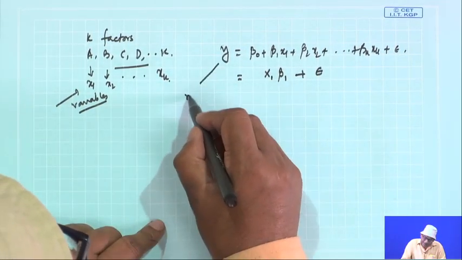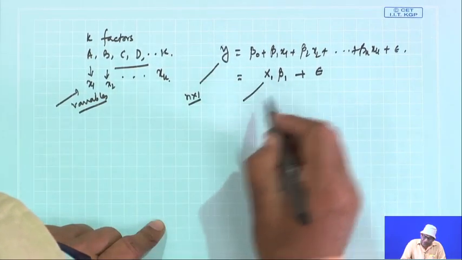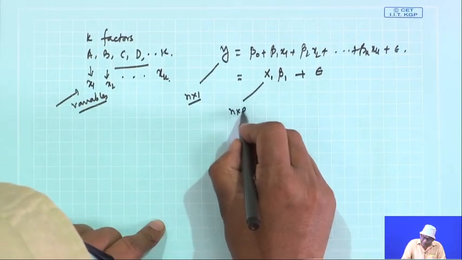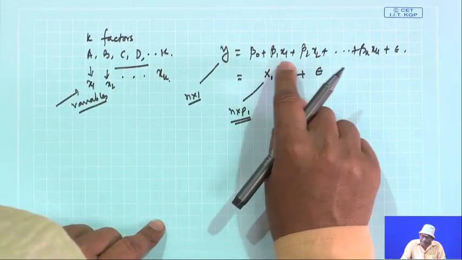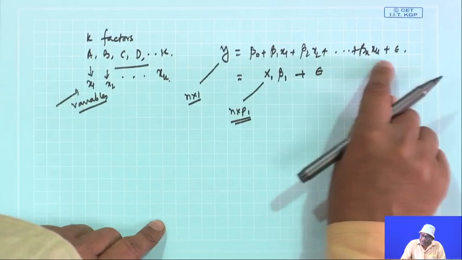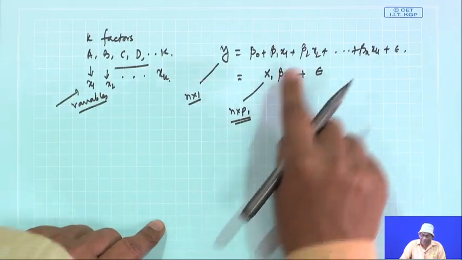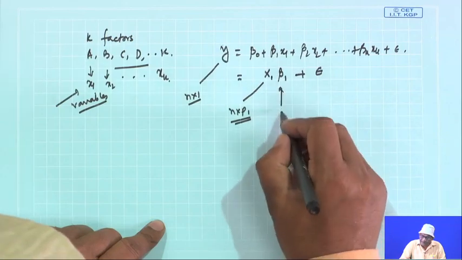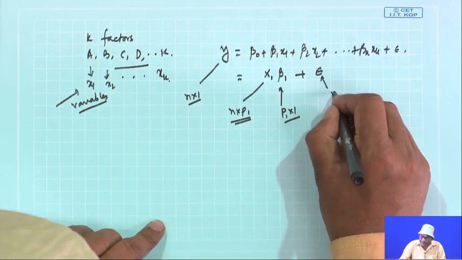where y is n cross 1, n number of observations, and x 1 is n cross p 1, supposing p 1 number of effects. When we use only the main effects, interaction effects are not considered, so p 1 number of parameters are considered here. Beta 1 is p 1 cross 1, the effects to be estimated, and epsilon is n cross 1.